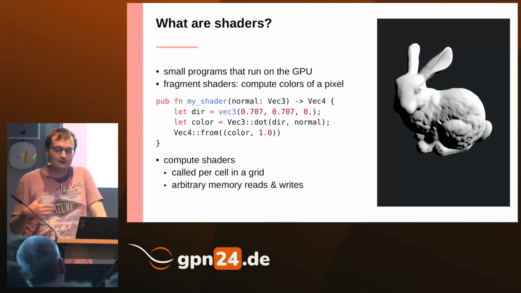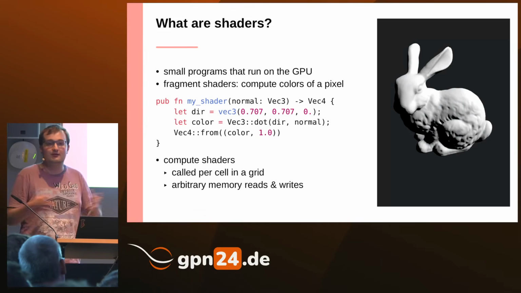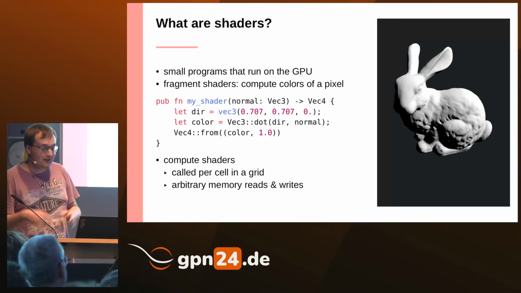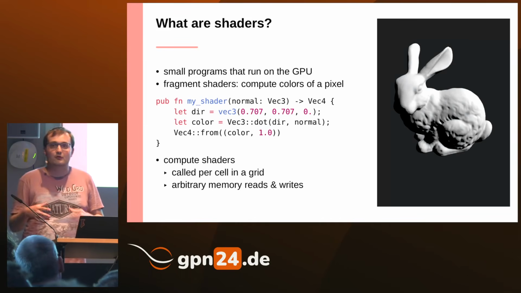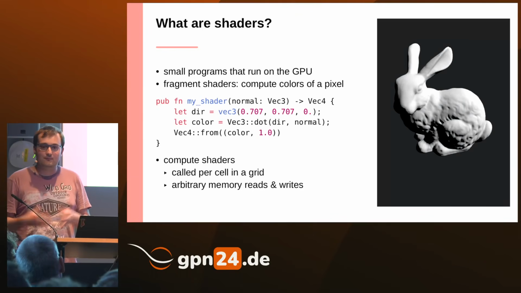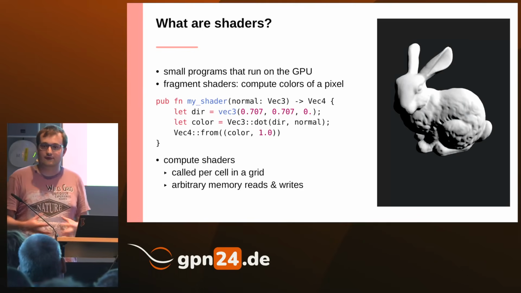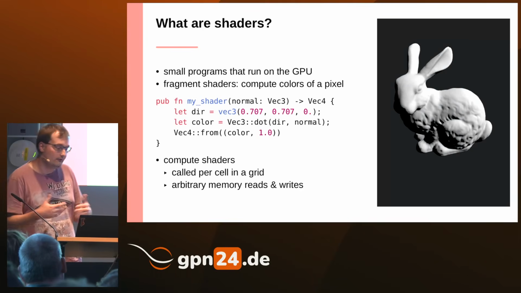So there are also different kinds of shaders. There's a whole bunch of them, but I can't cover all of them right now. The other one that's interesting: you don't always just want to render a model and compute the color of a single pixel. You want to do all kinds of different stuff on GPUs. So eventually someone got the idea, hey, let's generalize that, and they introduced compute shaders.